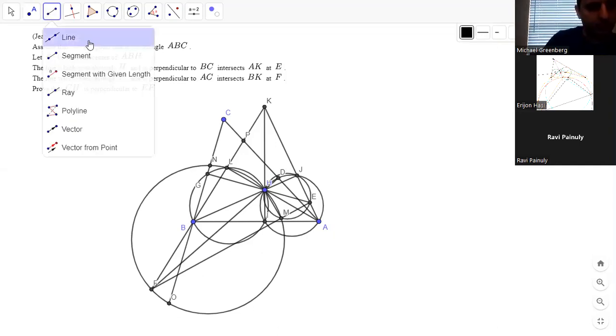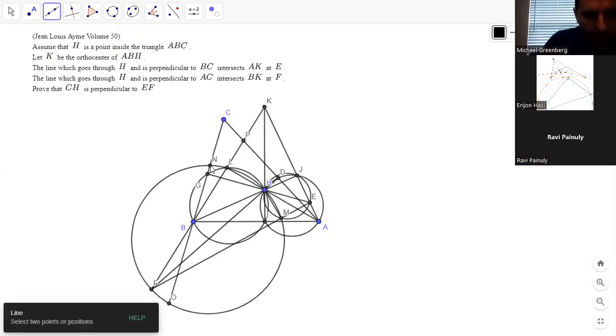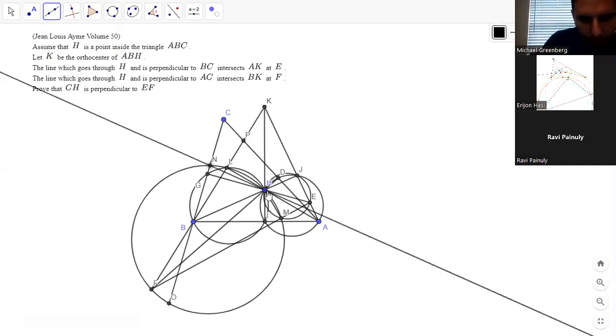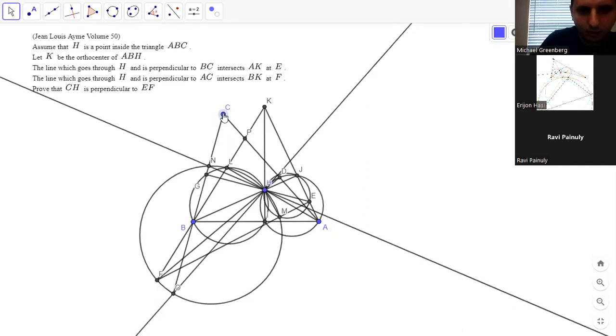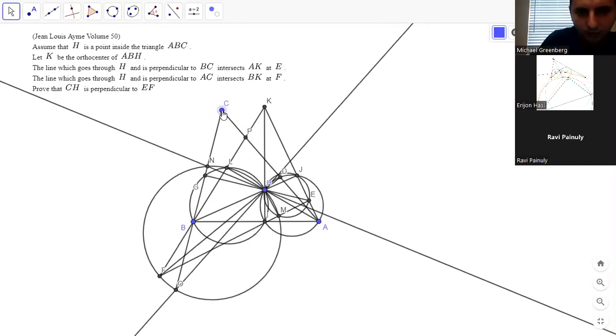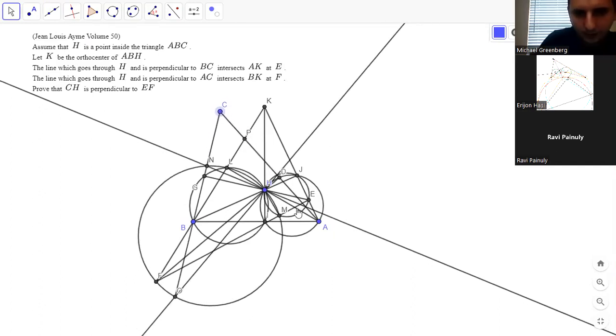Let me think about what it was that I saw. So I said NH. It looks like NH and AC meet on that circle. Let me try OH. And so this is really interesting. If you draw the intersections of NH and OH with AC, they meet on this circle right here.